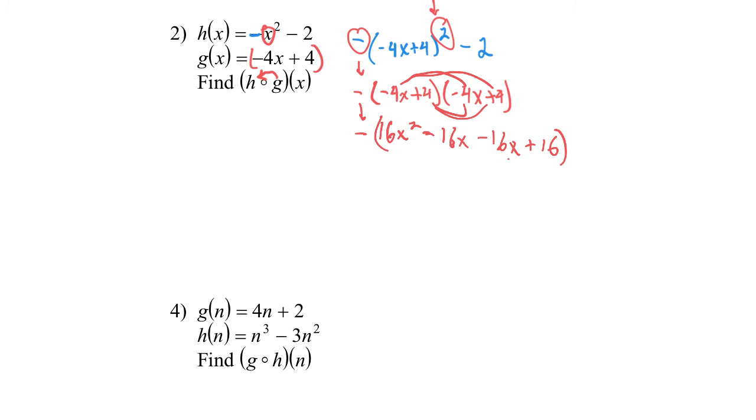And then all of that, I need to drop this negative down and change all of the signs. Now, I could combine these guys first while I'm at it, so that's going to be a negative 32x. And then I can change all the signs. So I have negative 16x squared, positive 32x, and then a negative 16. Then you look back at your equation at the beginning and check, is there anything else I need to do with it?